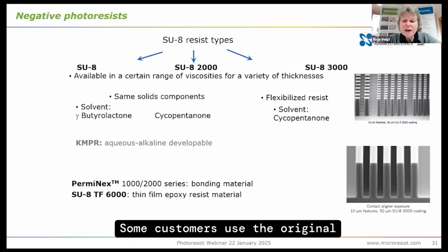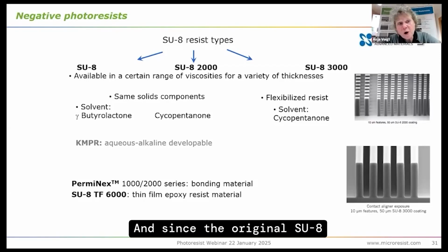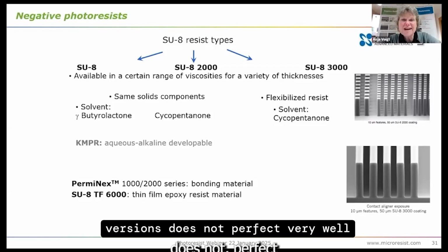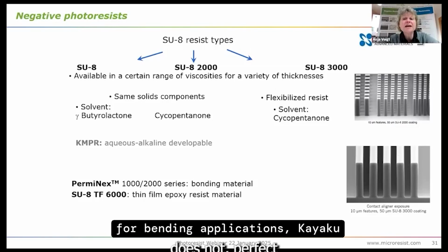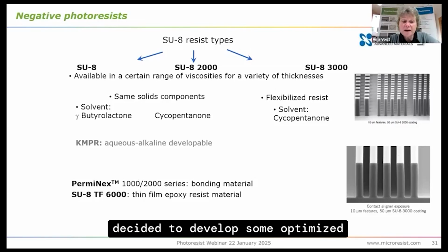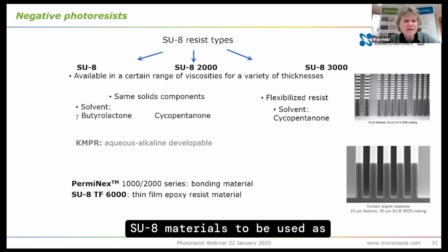Some customers use the original SU8 for bonding applications. Since the original SU8 versions do not perform very well for bonding applications, Kayaku decided to develop some optimized SU8 materials to be used for bonding.